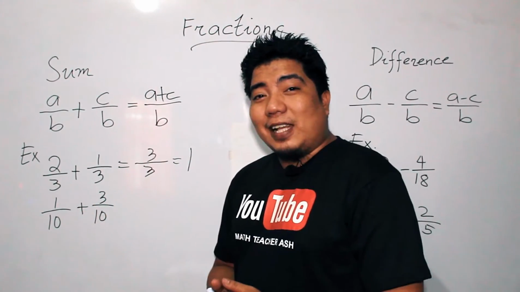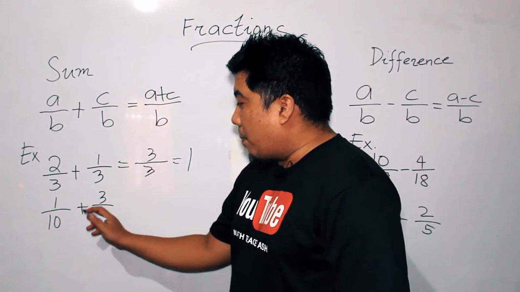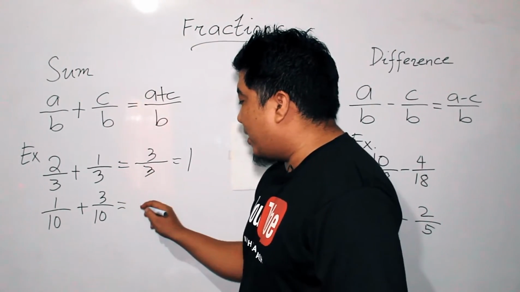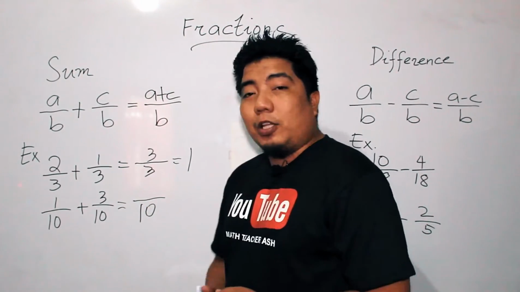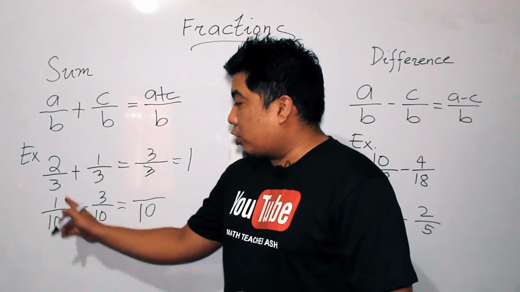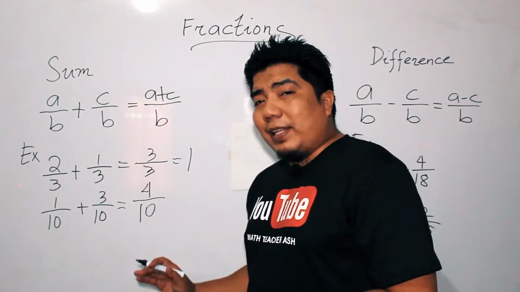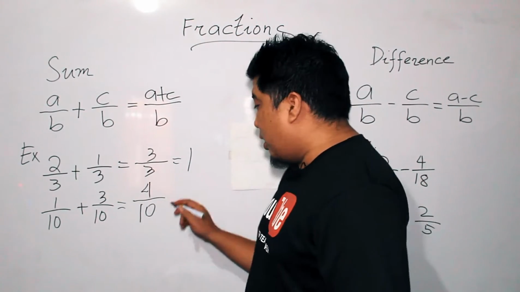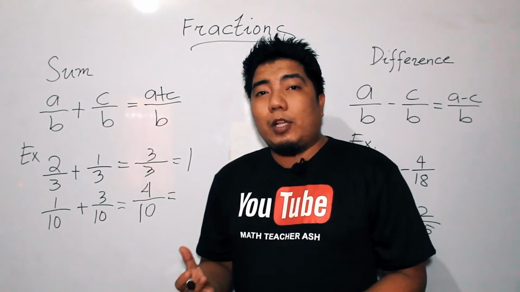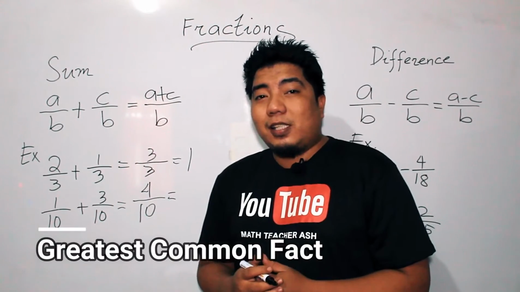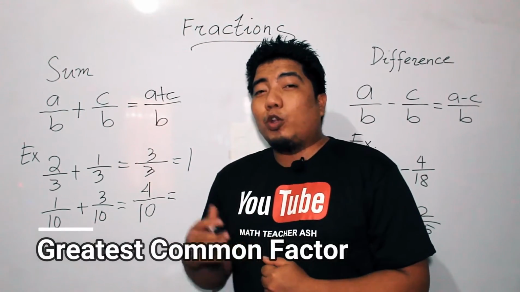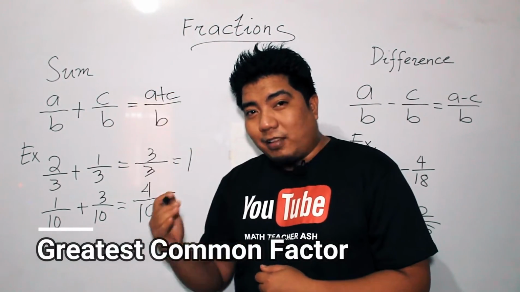Now, let's go to the second example. We have 1/10 plus 3/10. So, how do we add this? We just copy the denominator and then we add the numerators 1 plus 3. That will give us 4. Now, 4 over 10 can still be simplified into its lowest terms. So, what we will do is we use the GCF or the greatest common factor to divide both numerator and denominator.